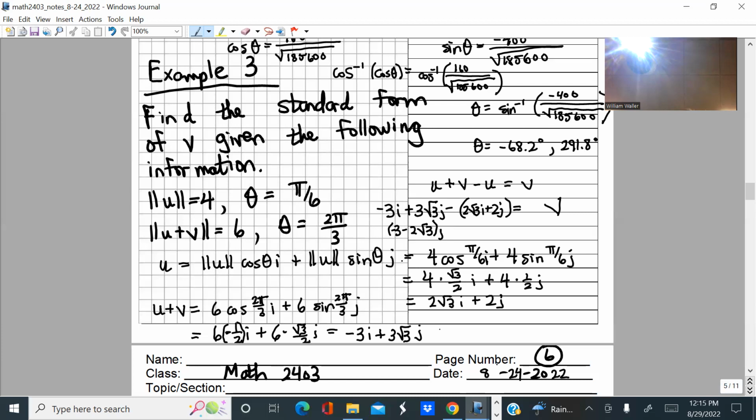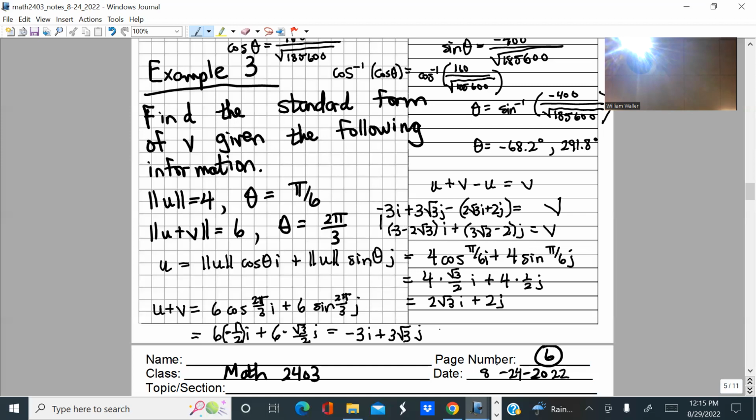And this is times i. I almost wrote j there. Those are the coefficients on the i vectors. And what are the coefficients on the j vectors? Well, one of them is 3 square root of 3, and the second one is minus 2. That's times j.